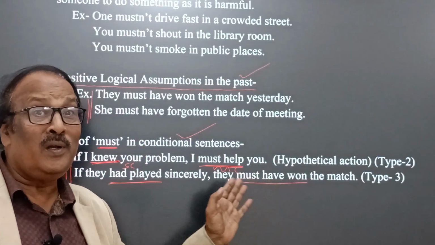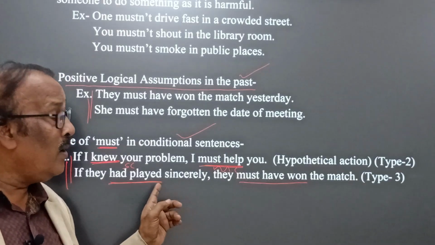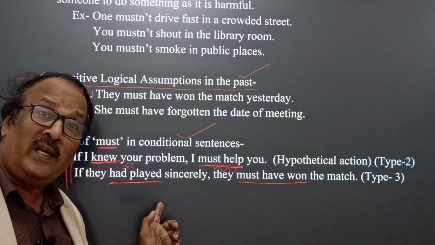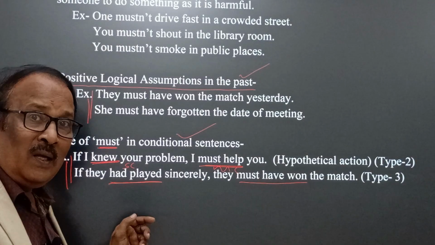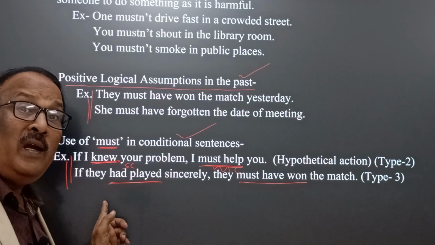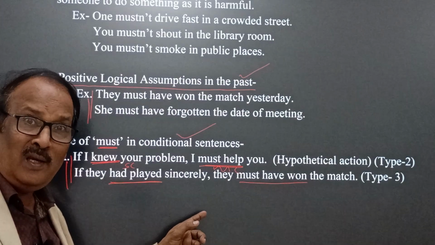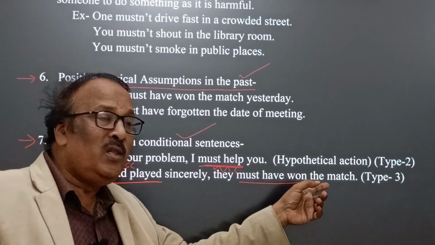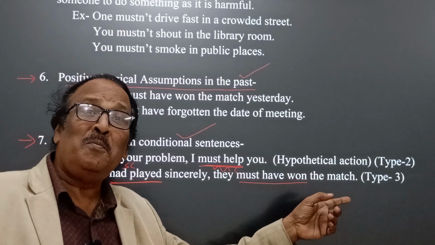It means this is indicating past unfulfilled action, therefore they regret at present. If we explain it, then we find that they didn't play sincerely. As a result, they couldn't win the match or didn't win the match.